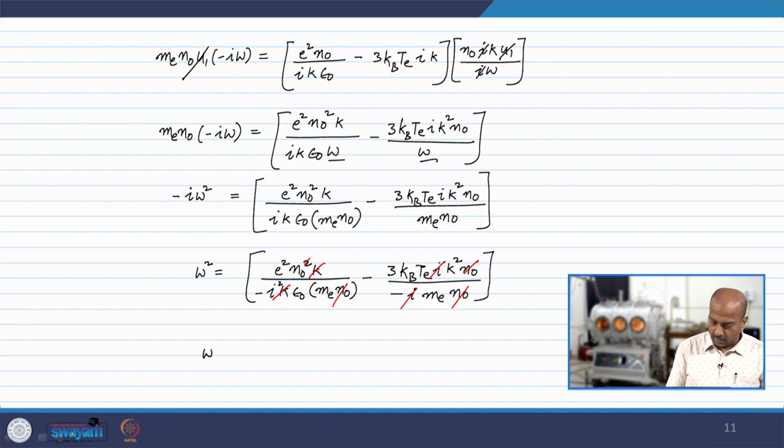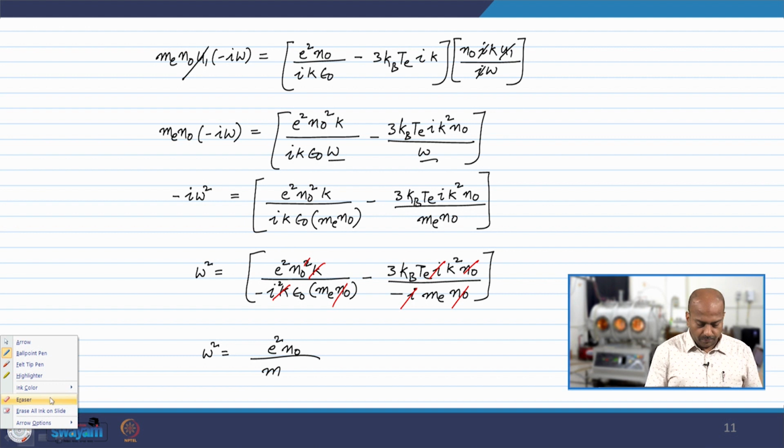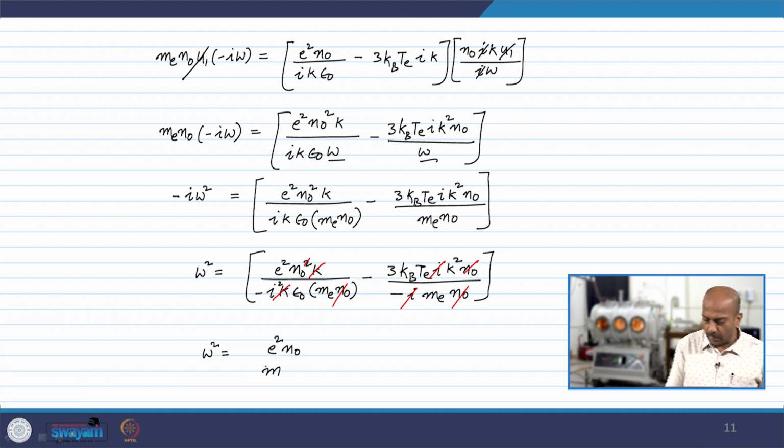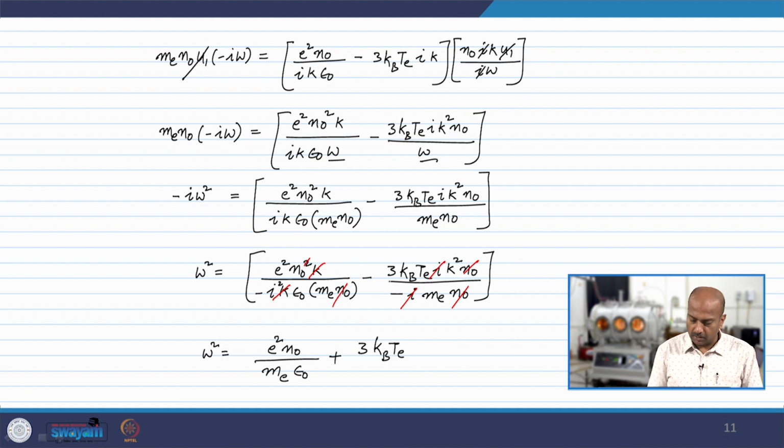So, omega square can now be written as e square n naught by m_e epsilon naught plus 3 k_B T_e, this minus minus becomes plus, k_B T_e k square divided by m_e.